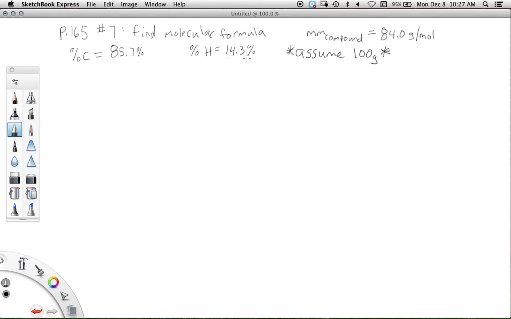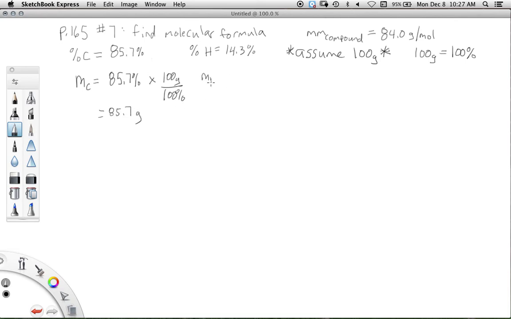That would mean that 100 grams equals 100% of the compound in that case. Therefore, the mass of carbon is equal to 85.7% times 100 grams over 100%, which equals 85.7 grams.